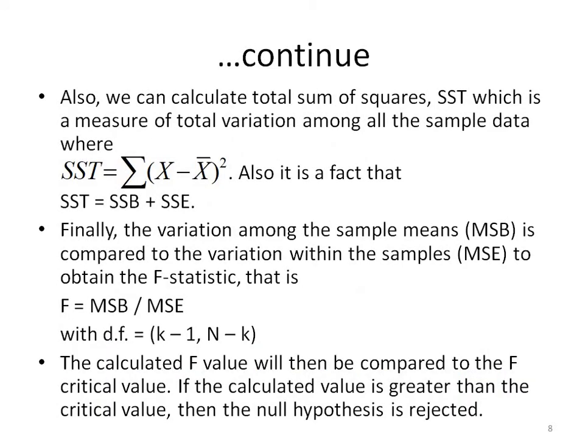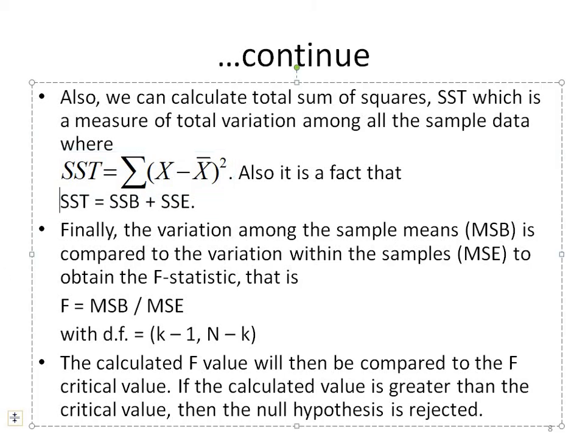Next, we can also calculate the total sum of squares, SST, and this is the formula for SST, or we can calculate it using SST equal to SSB plus SSE. Finally, the F statistic, F test, is equal to MSB divided by MSE, with degrees of freedom K minus 1, N minus K.